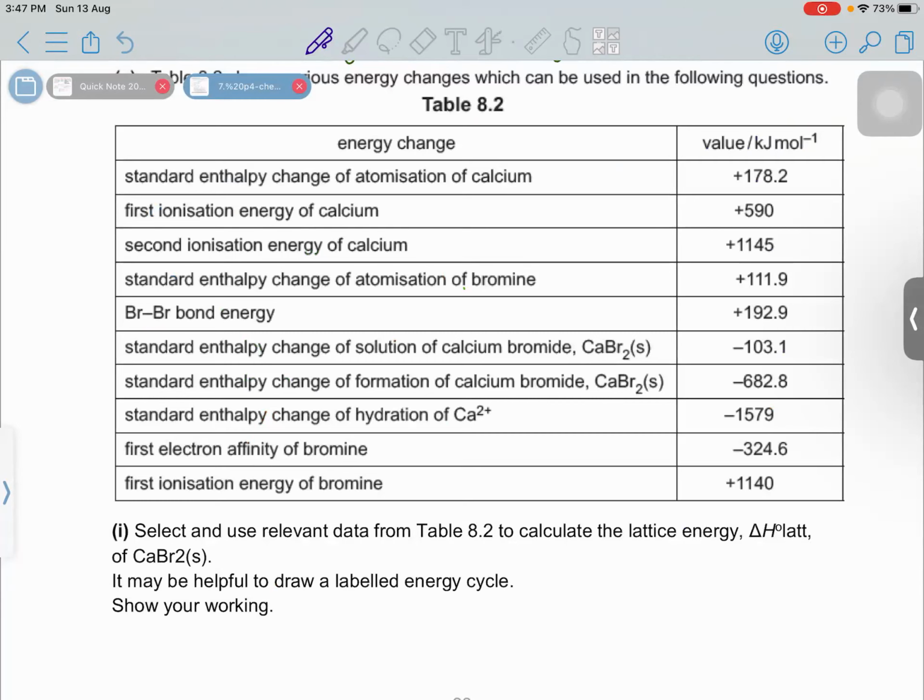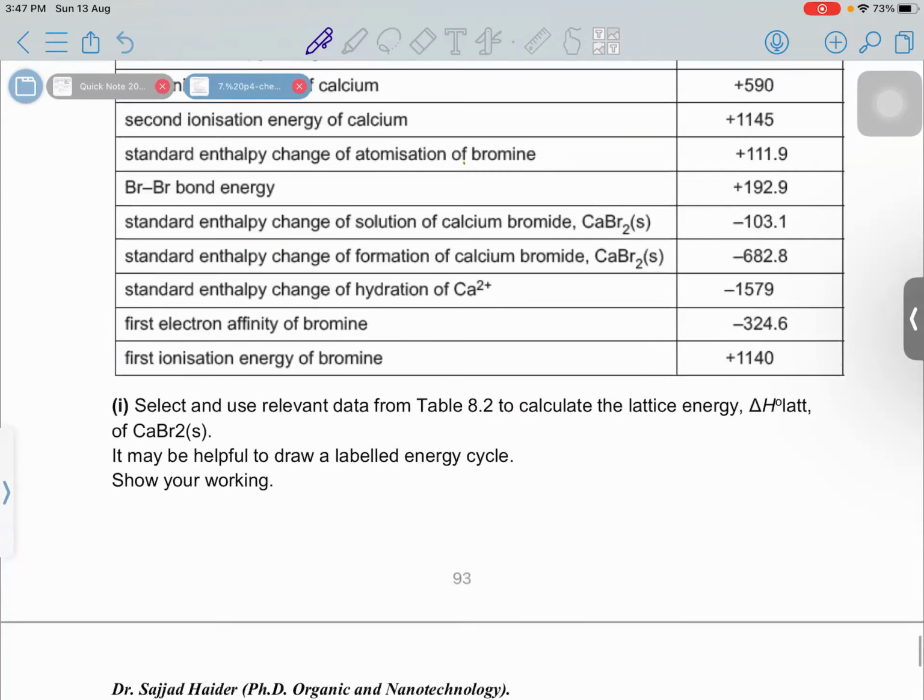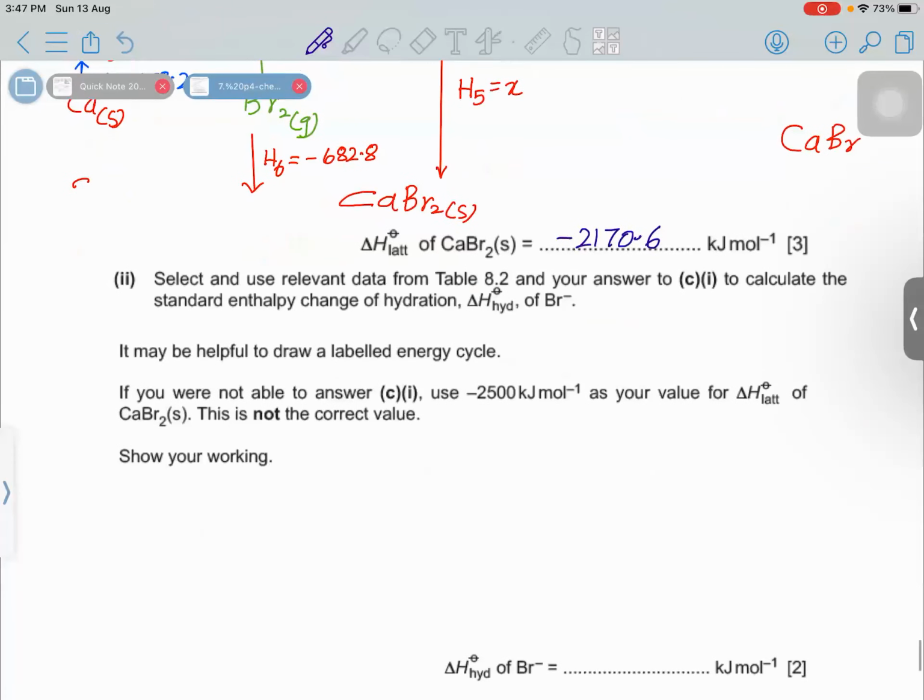So hydration of calcium is given. It means you need hydration of bromine also. Now look at the table and look at the question. Is hydration given or required? So it's required.